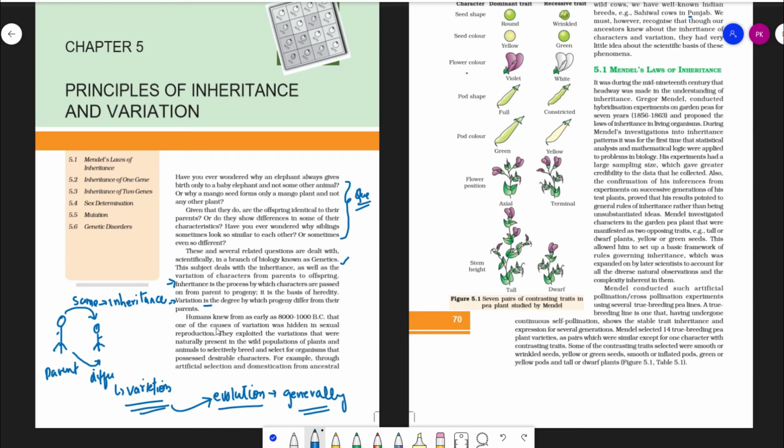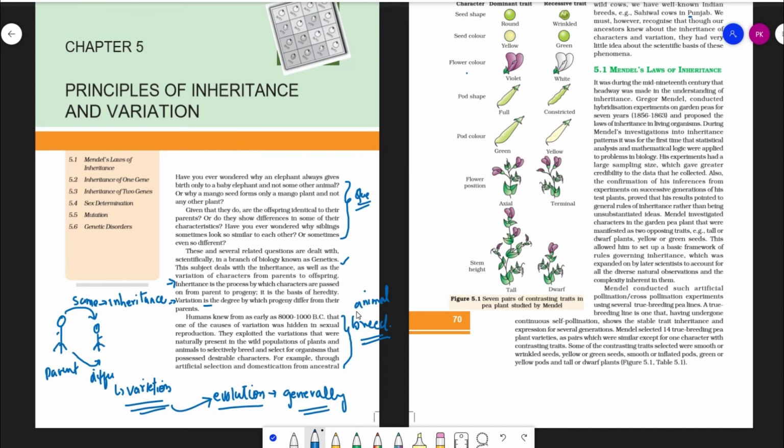Now what happened is that humans, from the very beginning, bred the animals that they possessed. One cow gives a lot of milk and another cow has a very good quality of milk.